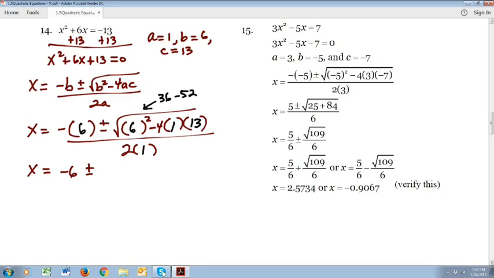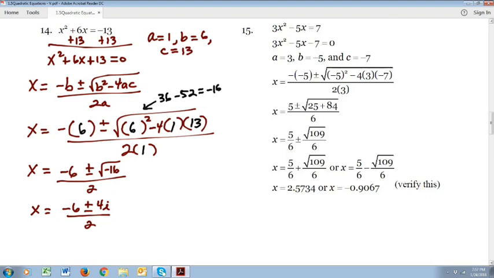And 36 minus 52 is going to be negative 16. So this all simplifies to the square root of negative 16 over 2. Now we know the square root of 16 is 4, and since we have a negative under there, we're going to have an i. So this is just negative 6 plus or minus 4i over 2.